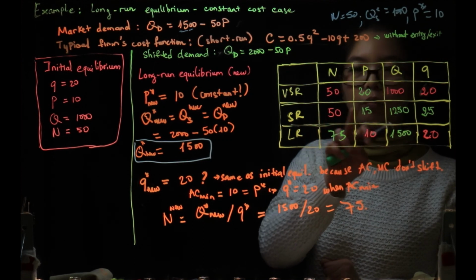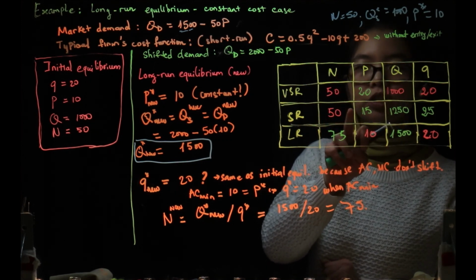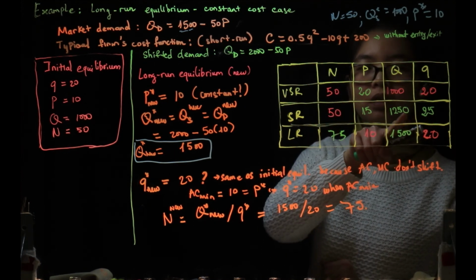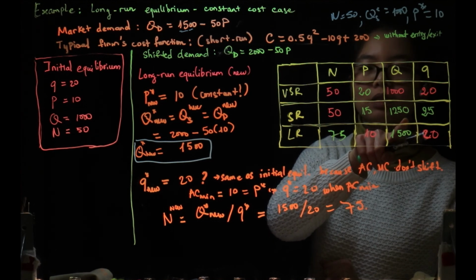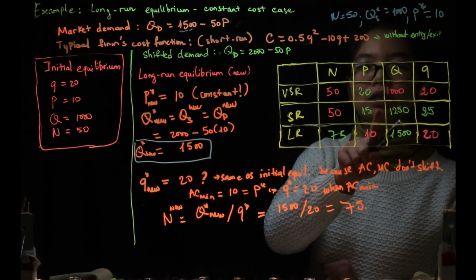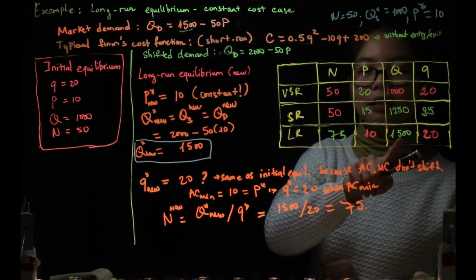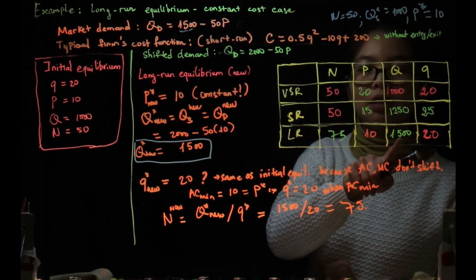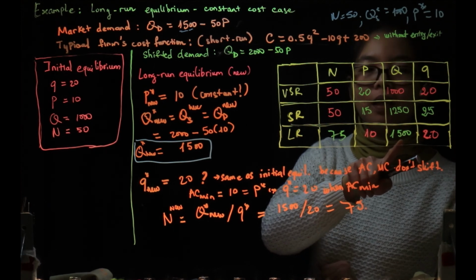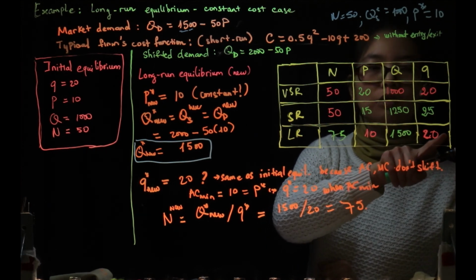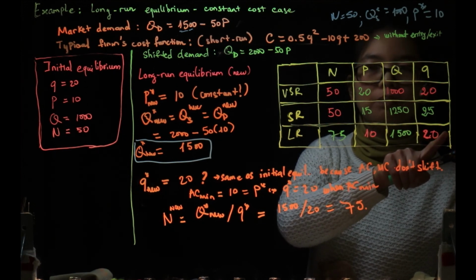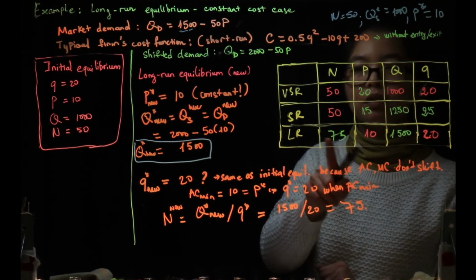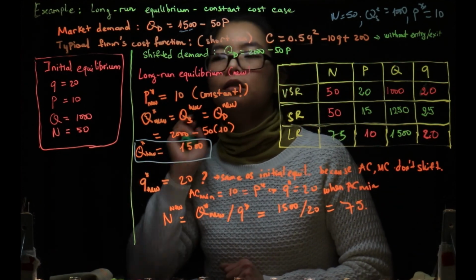Second round, when the number of firms is not adjusted, but firms could increase their output, then the total output of the industry increases and price also decreases. And then at the last round, when the new long run equilibrium is established, the industry supply is the highest. And the supply per firm is adjusted back to the original, but the number of firms increases. So that's the idea of the constant cost case.